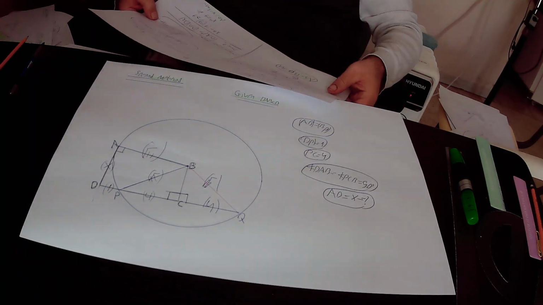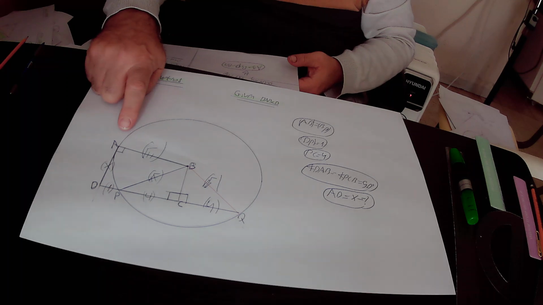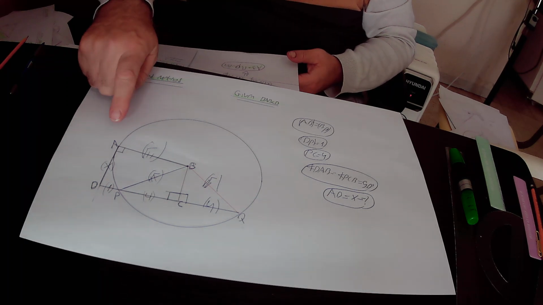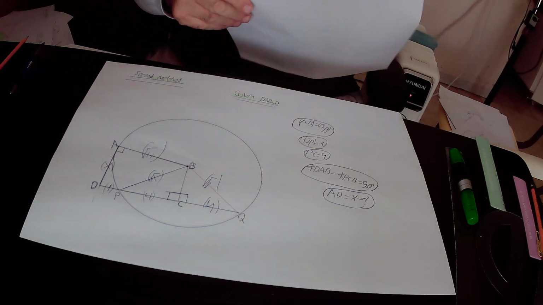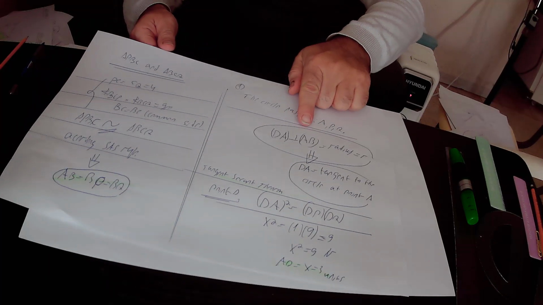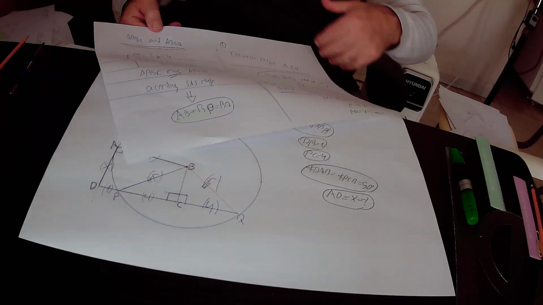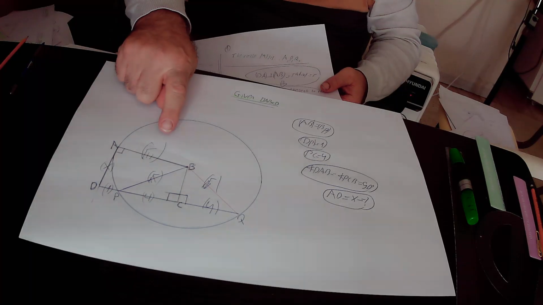It is given in the question that this is angle DAB, this is the right angle. That is to say, DA is perpendicular to AB. But AB is the radius of the circle.